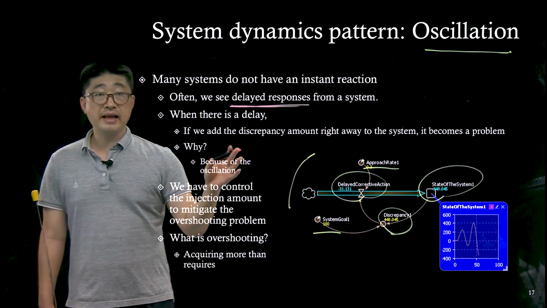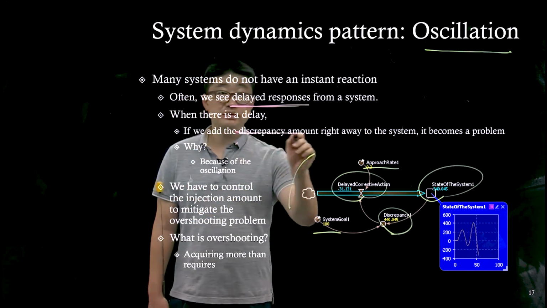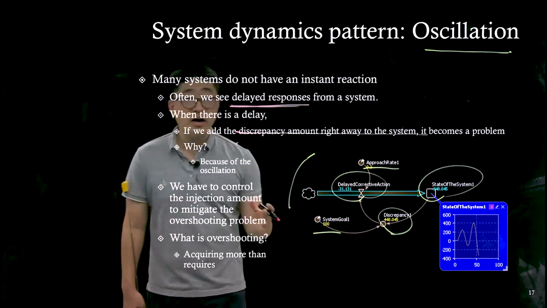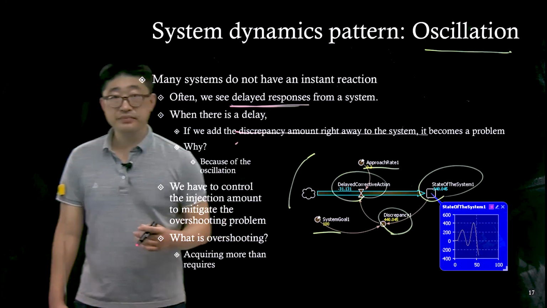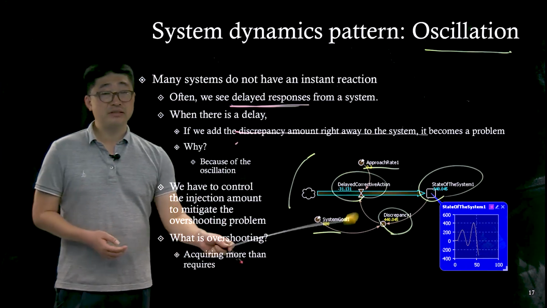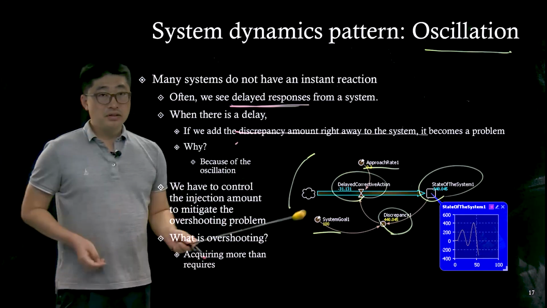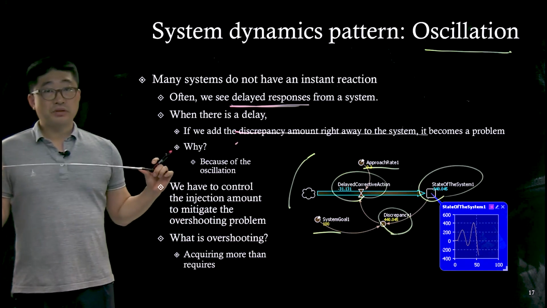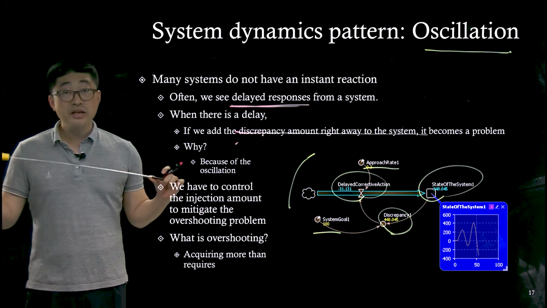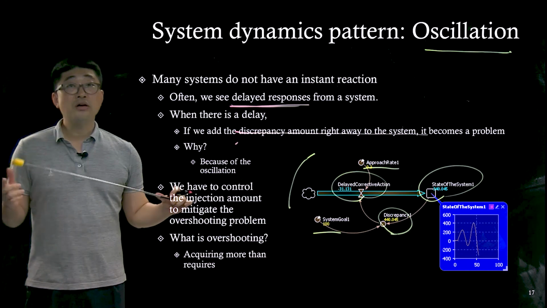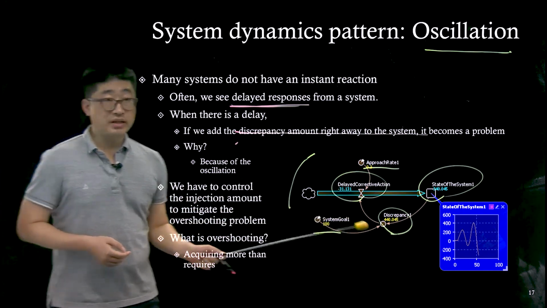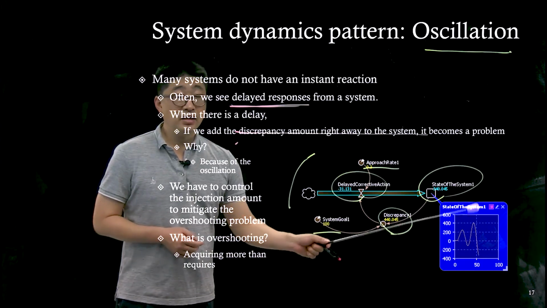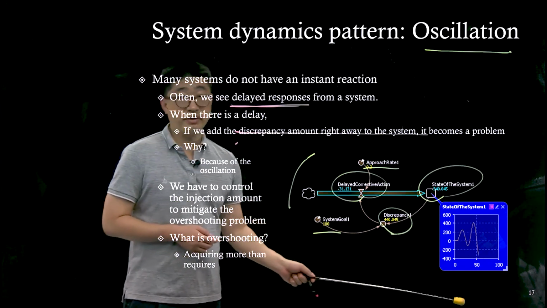When there is a delay, the discrepancy amount is not added to the stock right away. Then it becomes a problem. We already observed and reasoned about this type of problem, the oscillation case, with the causal loop diagram. Okay? And what you can see here are these oscillations, like the bullwhip effect.